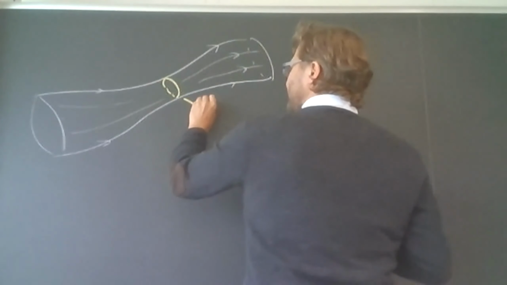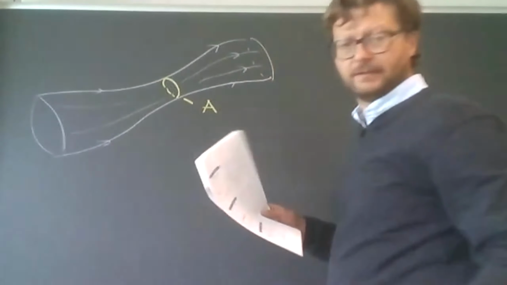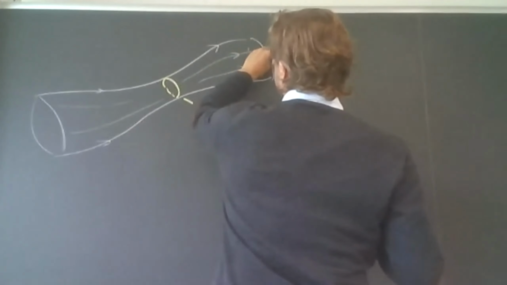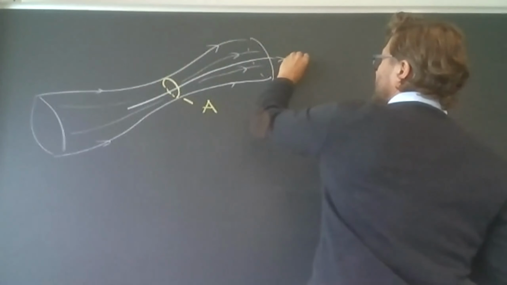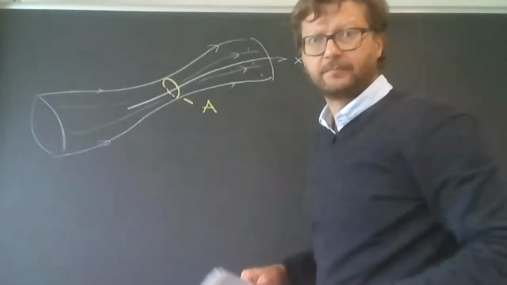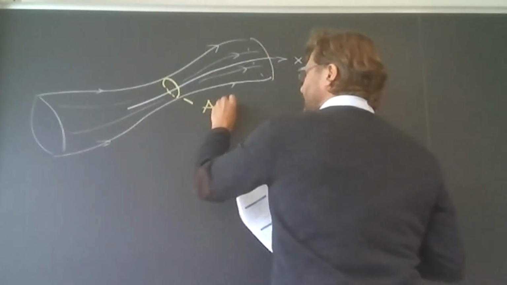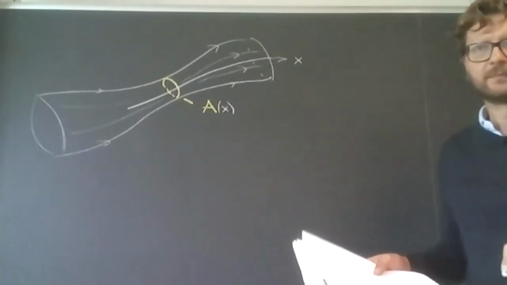We have here a cross section A. And if we mark here a local coordinate x, A, of course, is a function of x.